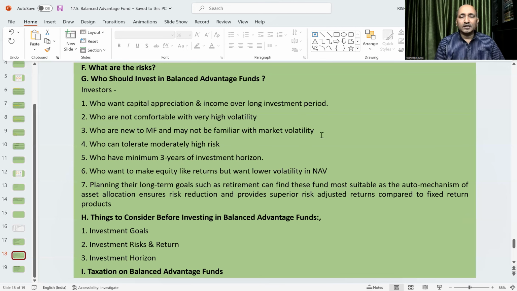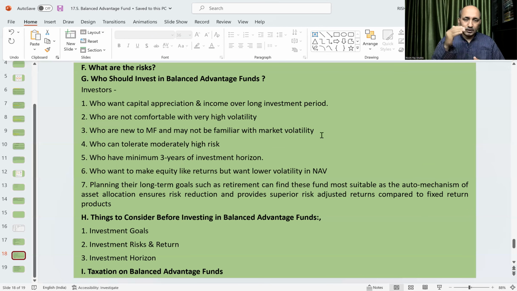Taxation on balanced advantage fund. As the fund manager keeps at least 65% in equity or arbitrage, this provides equity tax. So we have short term capital gains tax of 15%. That means if redeemed before completion of 1 year, then we have to pay 15% tax on capital gains.